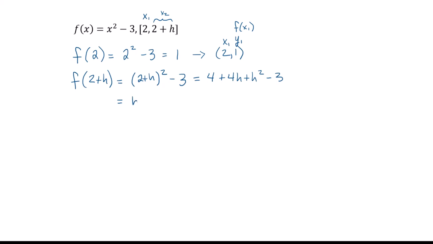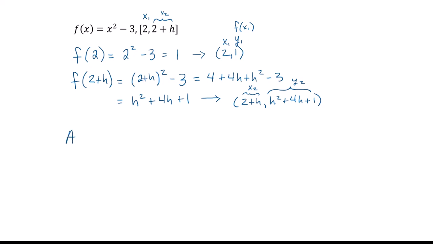That equals, in descending order, h squared plus 4h plus 1. This gives us the coordinate 2 plus h, h squared plus 4h plus 1. Just like above, this is x sub 2, and this is our y sub 2.